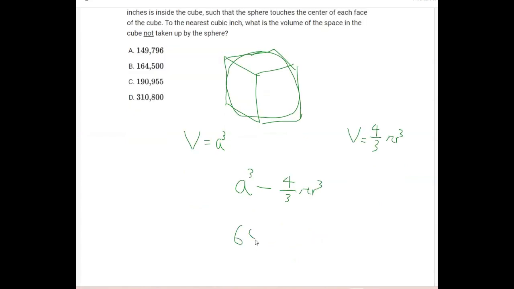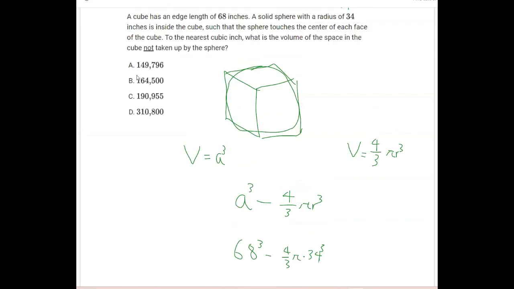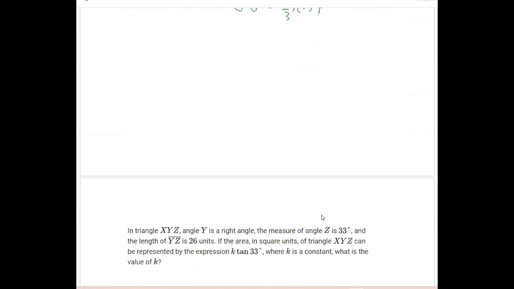So we have 68 cubed minus 4 over 3 times pi times 34 cubed. We'll go ahead and punch those numbers in the calculator. So the correct answer is 149,796. This is what we're looking for.